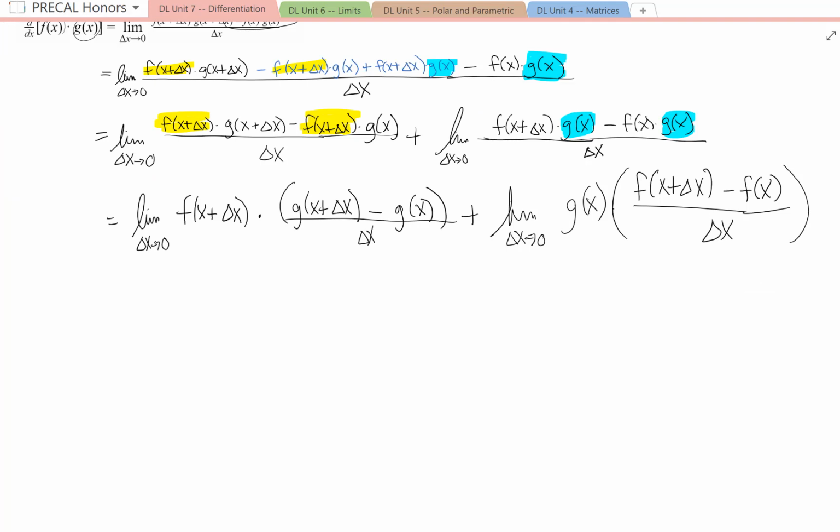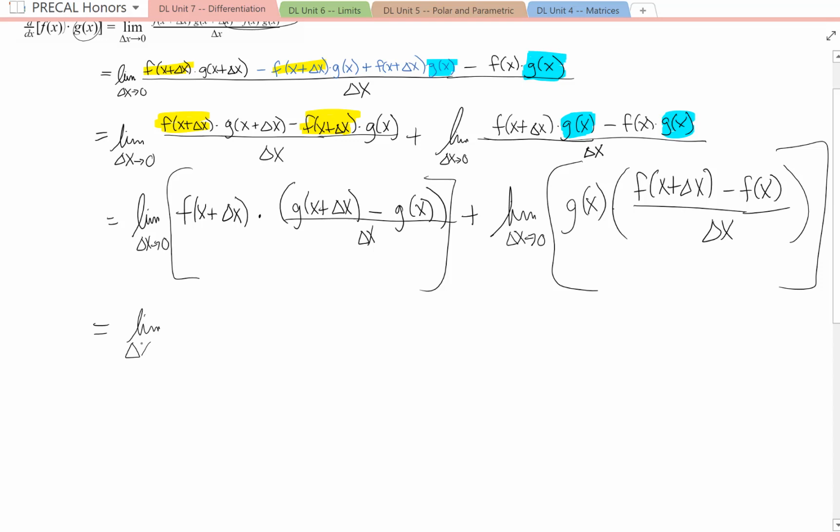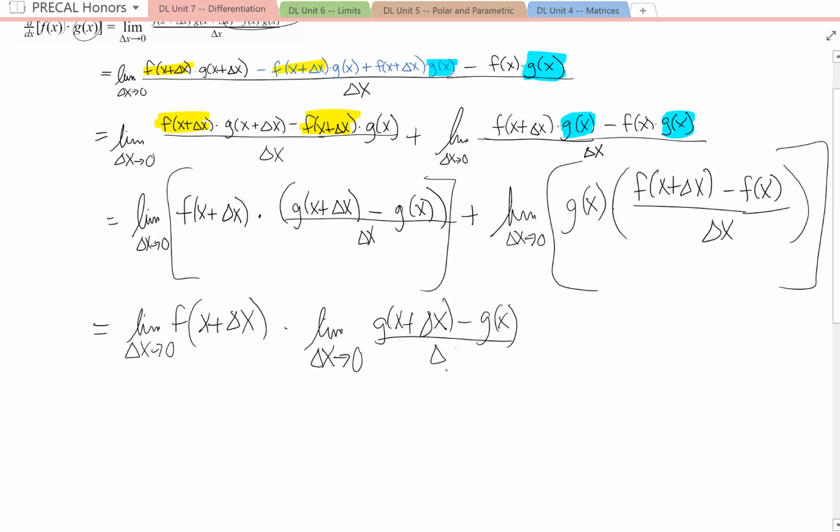Now I'm going to take the limit of each of these products. If you have the limit of this product and the limit of this product, you can rewrite it as the limit of the first item times the limit of the second item. So you have the limit as delta x approaches 0 of f of x plus delta x times the limit of g of x plus delta x minus g of x, all over delta x, which is the definition of g prime of x.